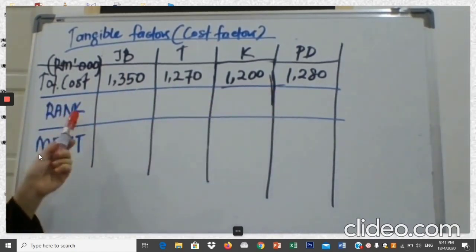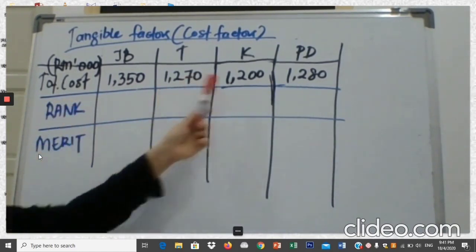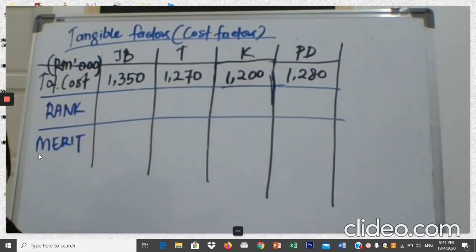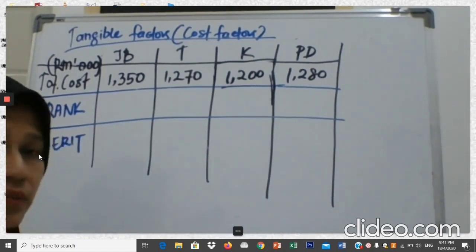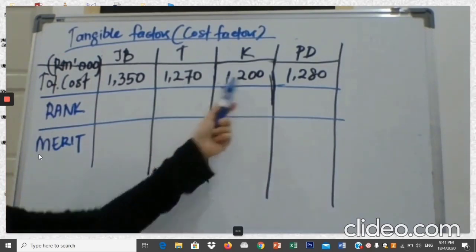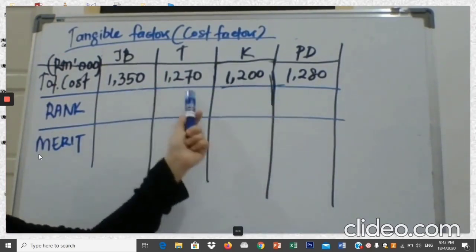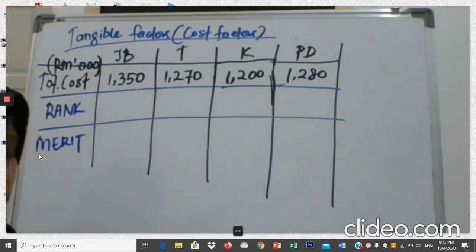Once you have calculated the total cost, the next thing is for you to assign a rank for all these locations. So what is rank? Rank here means the hierarchy, the order or position. So how to assign a rank? You have to search out of these four total costs for these four locations, which one is the best.